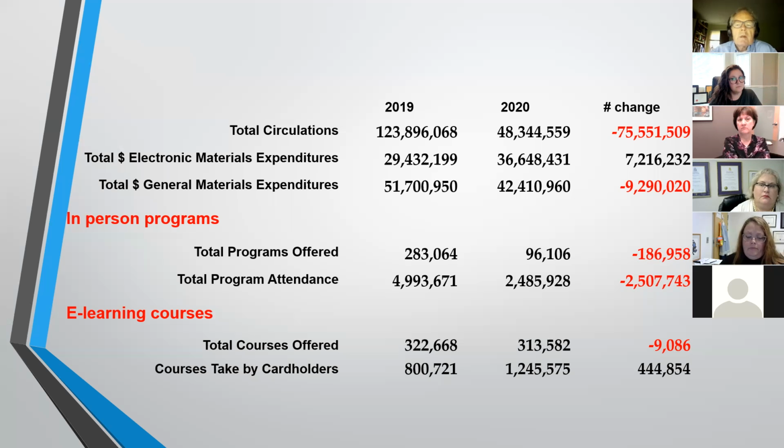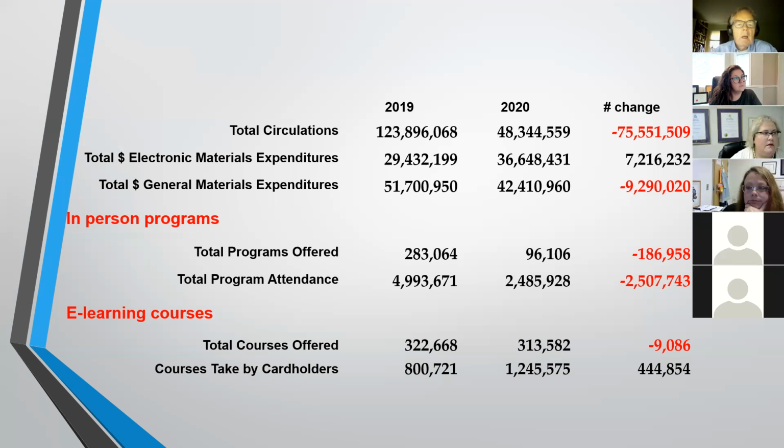Electronic materials are going up, and expenditures for general materials are going down. And the ministry, which publishes the annual data, makes the distinction pretty clear. You can look at the definitions, and they are separating, say, what we might call hardcover from digital materials.